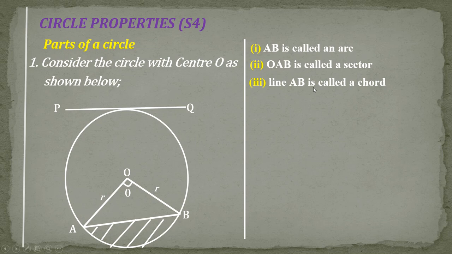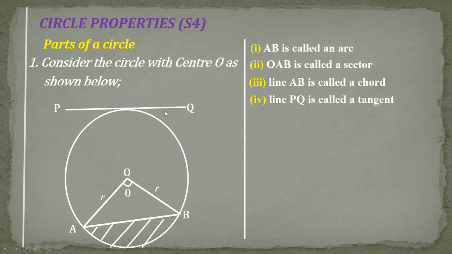However, the chord does not pass through the center. It joins any 2 points on the circumference of the circle, not passing through the center, meaning that I can as well draw a line from this point up to this point. That will be a chord. I can draw a line from this point up to this point. That will also be a chord. So a chord connects any 2 points on the circumference of the circle, not passing through its center.